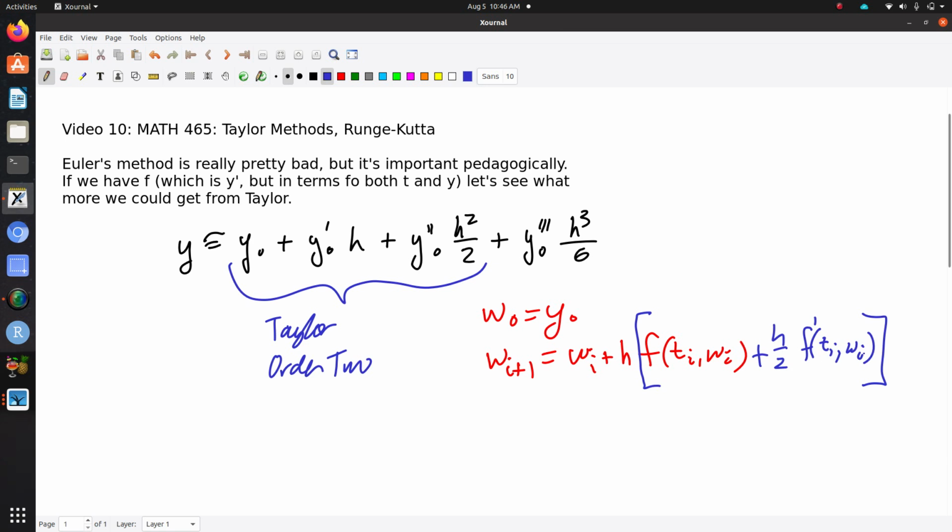Okay? So notice you would normally see h squared over 2 in a Taylor expansion, but because we're putting the h outside, we get a free h on the inside. Okay? There's some reasons for that, and one of them is to make the computation a tiny bit faster, which in this day and age we don't care, at least not very much.